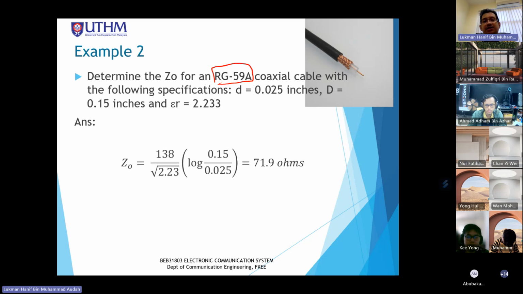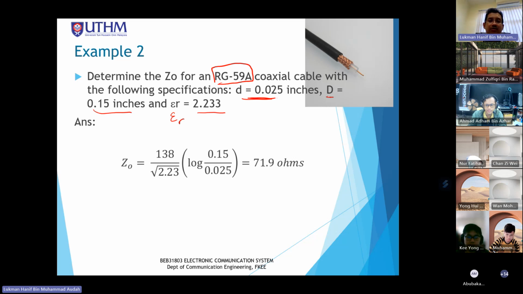So, RG59A coaxial cable with the following specification. The diameter of the conductor is 0.025 inches. D, the diameter of the whole cable, is 0.5 inches. Epsilon R, please correct your notes, this is supposed to be a subscript R, equal to 2.233.